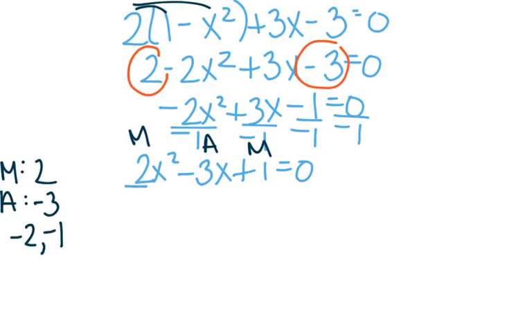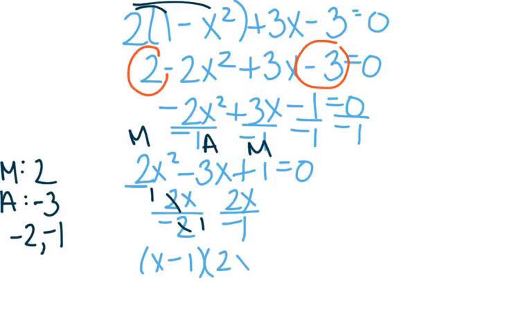Because I have a lead coefficient that's not 1, I do have to do those two fractions. So I'm going to do 2x over negative 2 and 2x over negative 1. This first one can be simplified, so it goes down to 1x over negative 1, and the other one stays the same. Now I write these out: x minus 1 and 2x minus 1 equals 0. I've got it factored, and now all I have to do is drop and split. When I do that, I get that x is 1 and x is positive a half.